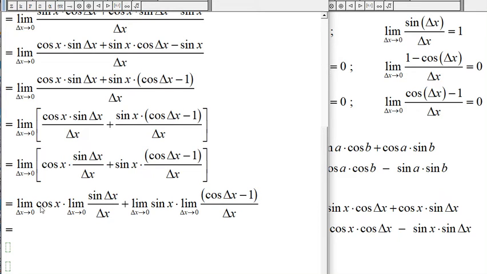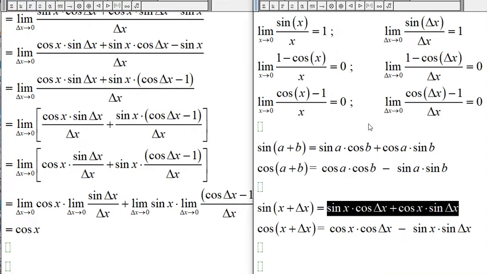This is the limit of cosine of x as delta x approaches 0, and there's no delta x here, so we just get cosine of x. This is the limit of sine of delta x divided by delta x as delta x approaches 0, and we got this formula right here, which is 1.